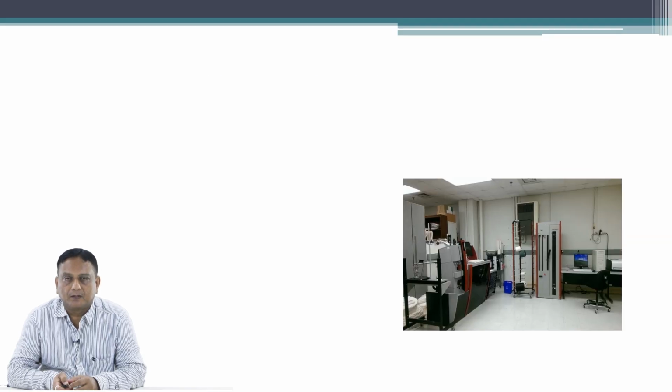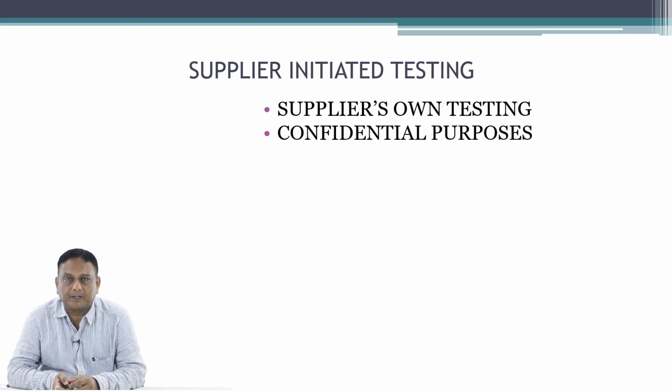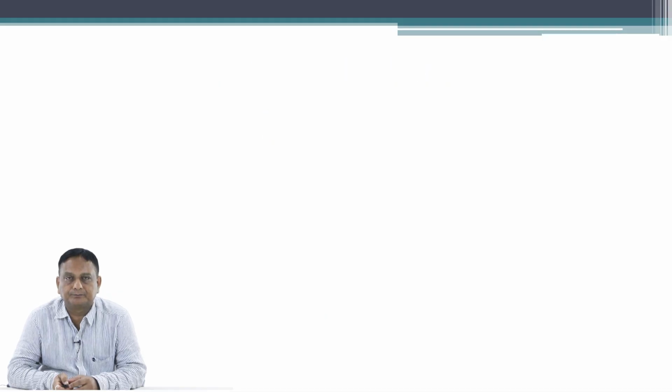In such an establishment the supplier can do the testing, and it is done for confidence, because the supplier will be certain that his material will not fail when it goes for routine testing or random testing. That is why supplier initiated testing is done by the suppliers themselves in their own testing laboratory, which is approved by the buyer.